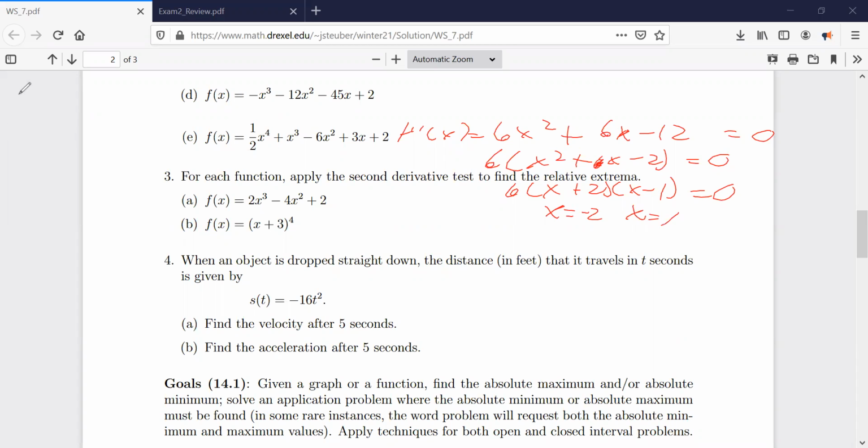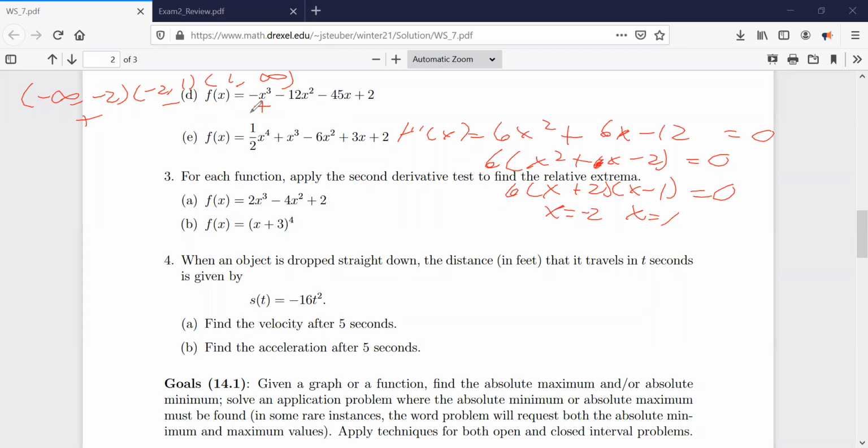So now I break up the region into negative infinity to negative 2, negative 2 to 1, and 1 to infinity. If you plug in these values, you will get that this one is negative and these two are positive.